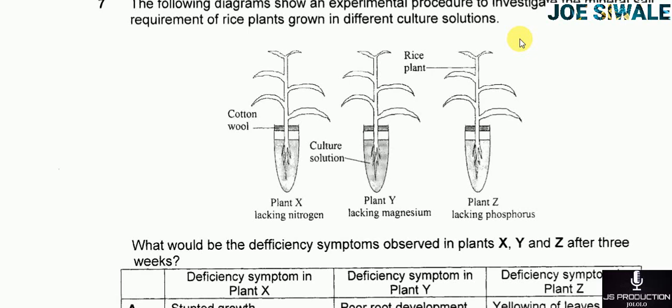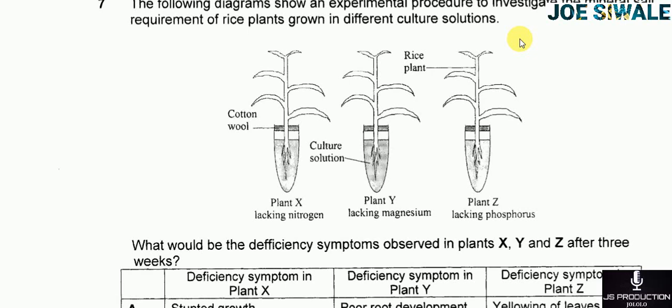Then magnesium is required in the production of chlorophyll, which is the green pigment in leaves, and the absence of magnesium will lead to a disease of a plant which is referred to as chlorosis. Then phosphorus is needed in the formation of roots.